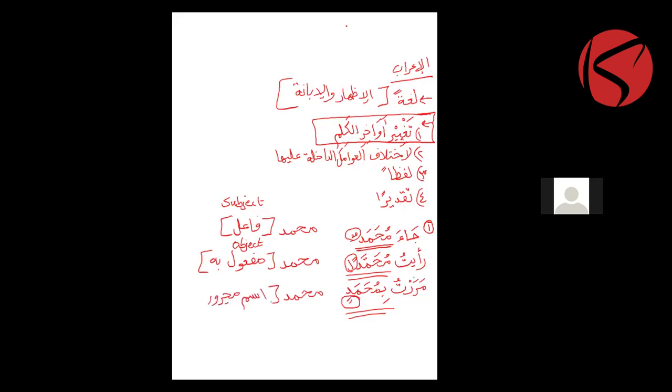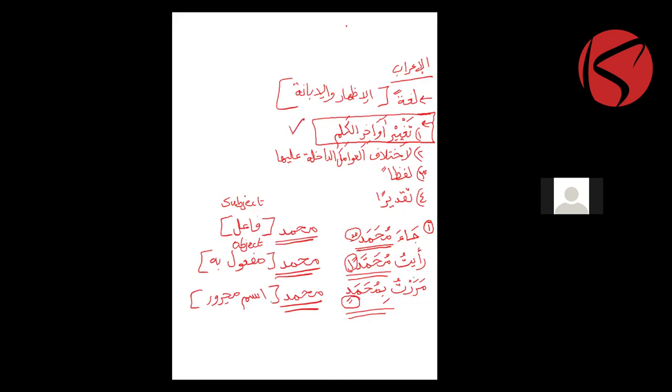We'll come to what that means in English later, inshallah ta'ala. So in 3 situations, Muhammad is changing. It's the same word, but it's changing in each situation. That's the first point of grammar.